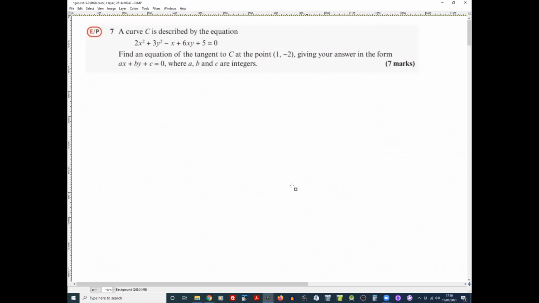Good. Okay, find an equation of the tangent at a particular point. So there's no point sketching or anything, is there? We just know what they're talking about at any particular point, which is 1 and -2.